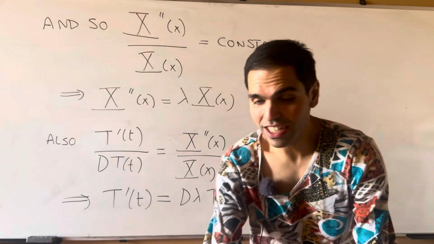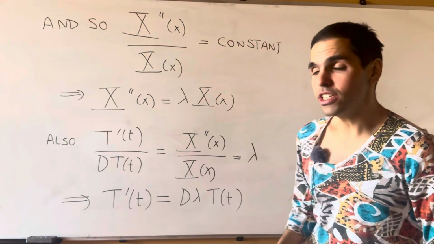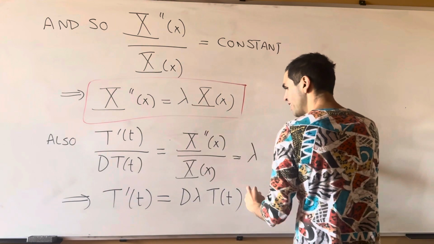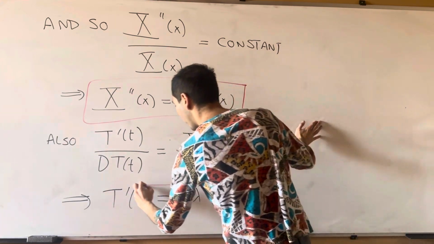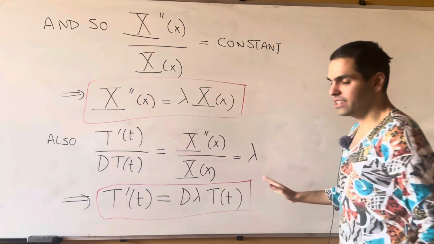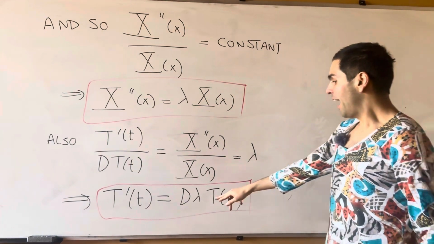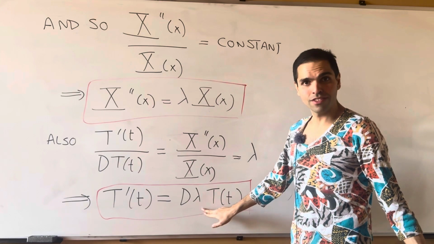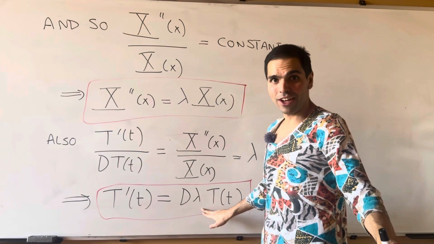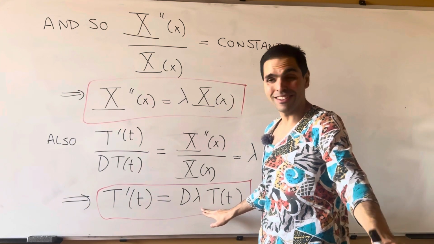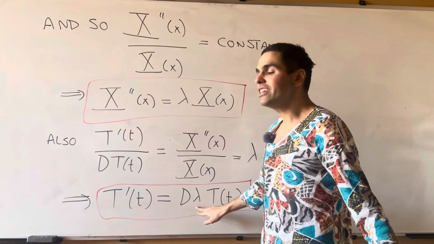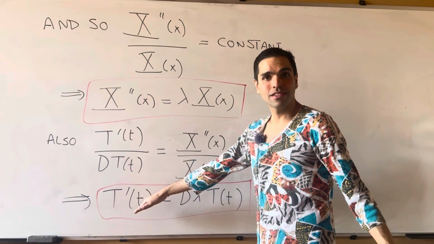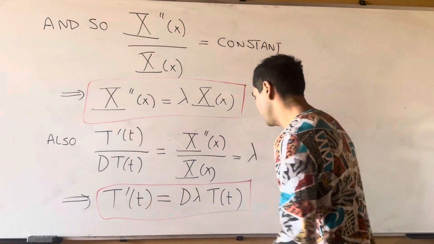Now, the question is, which ODE do you solve first? x double prime equals lambda x, or t prime is d lambda t of t? Now, I know it's very tempting to solve this one first, but I highly recommend to resist your urges, because it will just lead you to a mess, and therefore, ideally, always solve the t equation last.